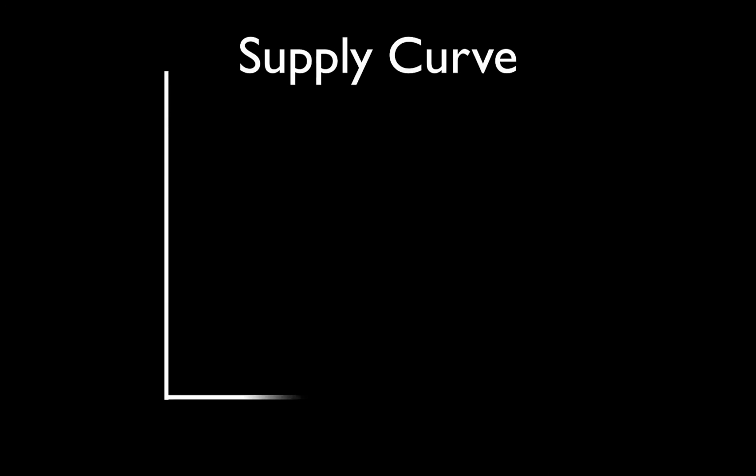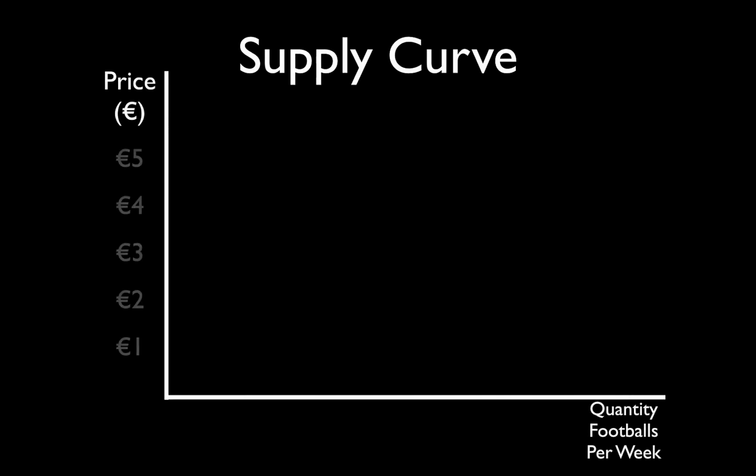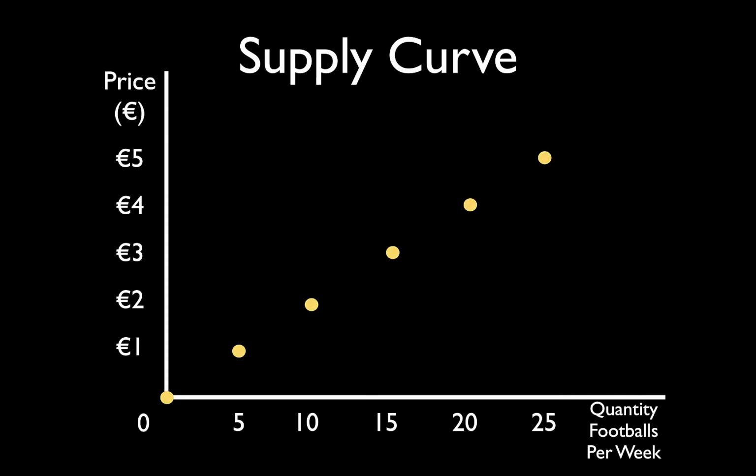Basically, at higher prices the profit margin per good sold increases, therefore firms are willing and able to supply more of the good, and at lower prices the profit margin per good sold decreases, therefore firms are willing and able to supply less of the good. An upward sloping supply curve means that as price rises, quantity supplied increases, and as price falls, quantity supplied falls.